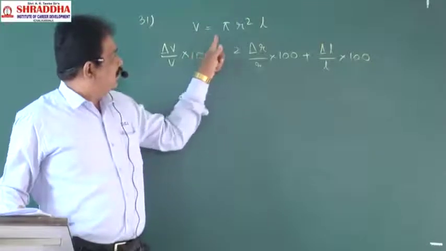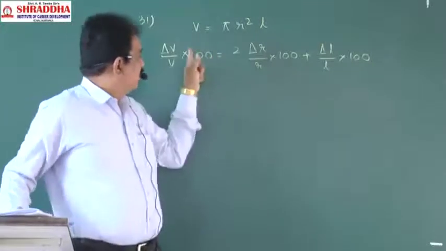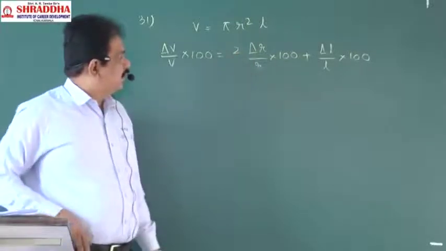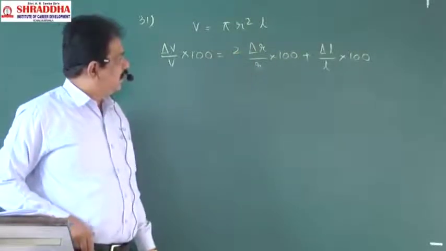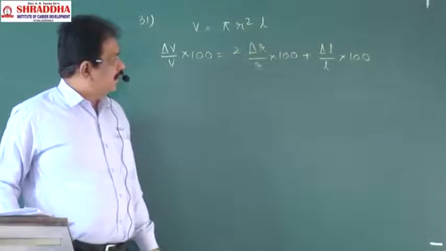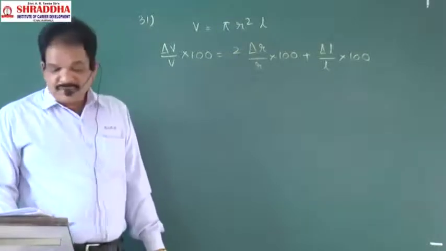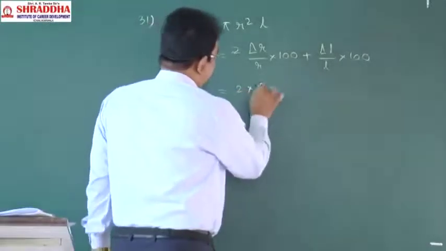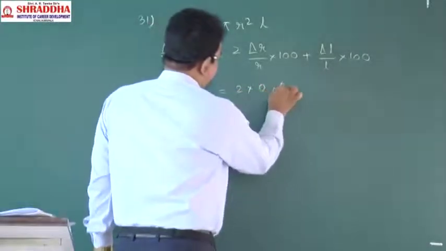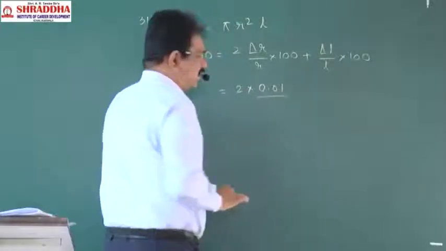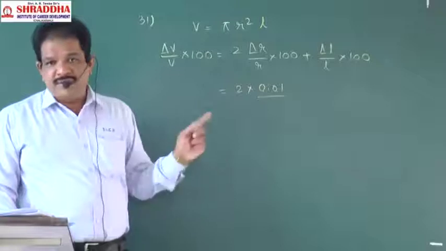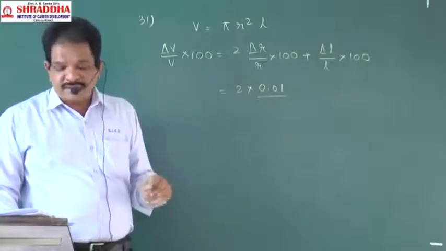Volume of cylinder is pi r square L. Delta V by V into 100 is equal to 2 into delta R by R into 100 plus delta L by L into 100. So here this is 2 into delta R value will be 0.01 centimeter. 0.1 mm means 0.01 centimeter.